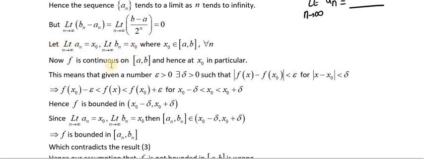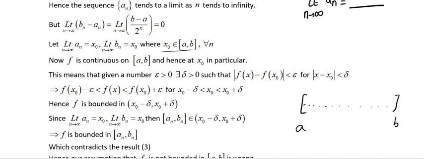Now, in the statement, what we have, f is continuous on closed interval a comma b. While explaining the definition of continuity of a function on an interval, I explained one concept, that is, a function is continuous in the closed interval a comma b means the function is continuous at each and every point of this interval.